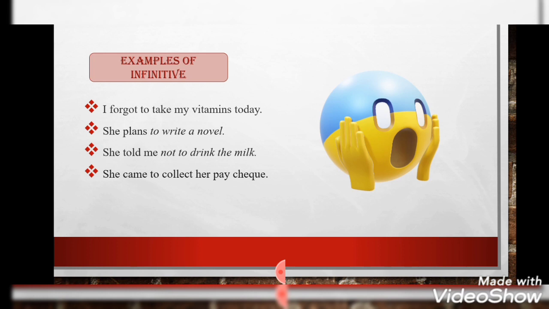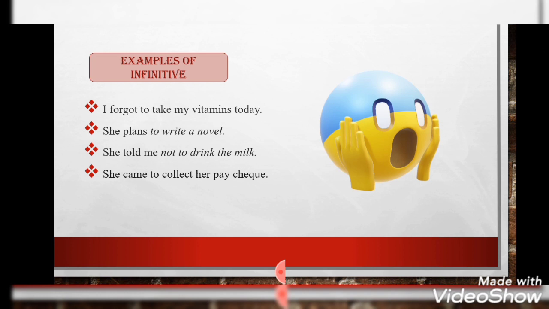Few examples of infinitive. I forgot to take my vitamins today. She plans to write a novel. She told me not to drink the milk. She came to collect her paycheck. See, to take, to write, not to drink, to collect.